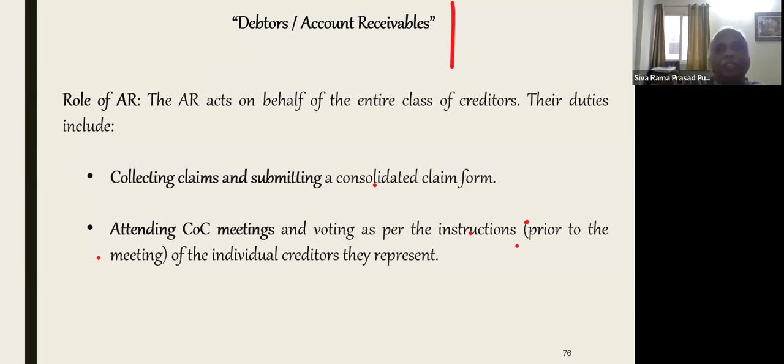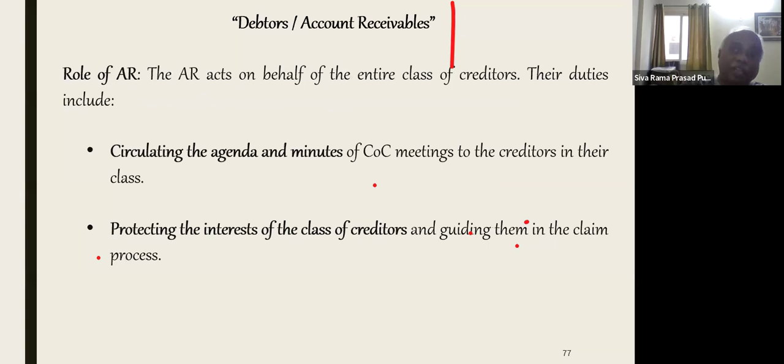The role of authorized representative. The authorized representative acts on behalf of the entire class of creditors. Their duties include collecting the claims, submitting the consolidated claims with regard to the commercial papers, attending COC meetings and voting as per the instruction given prior to the meeting by the individual creditors they represent, and circulating the agenda and minutes of the COC meetings to the creditors in their class, protecting the interest of the class of creditors, guiding in the claim process.